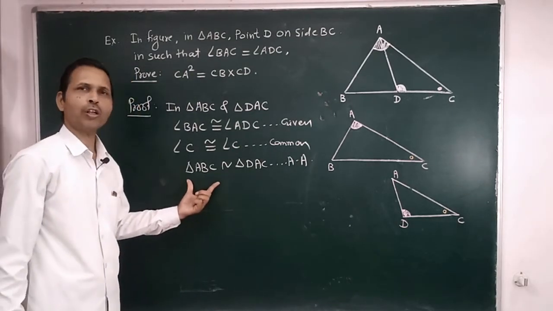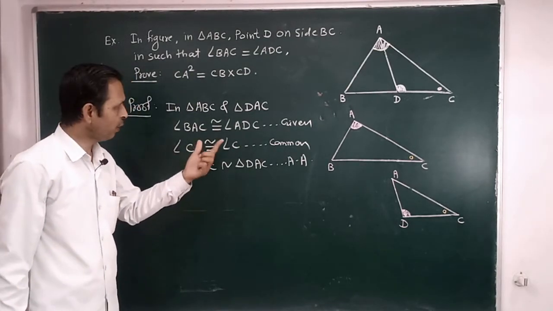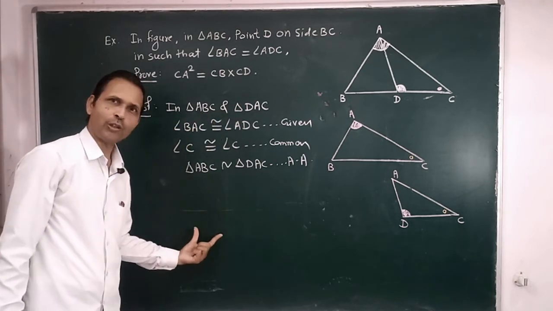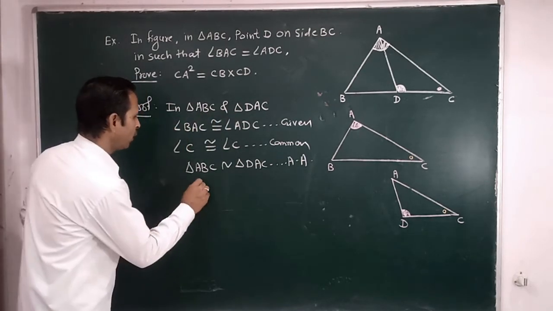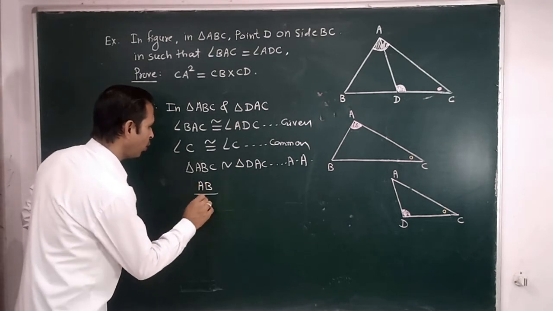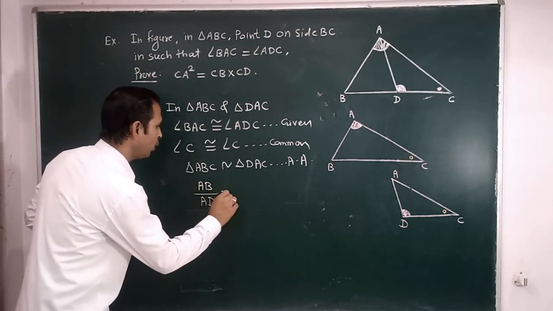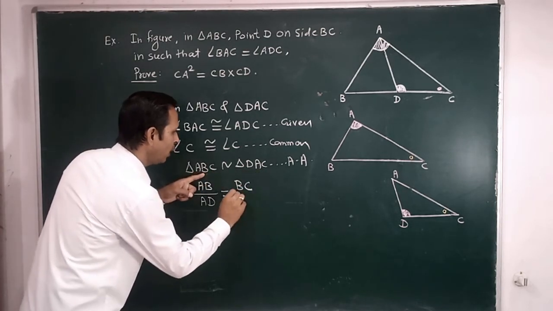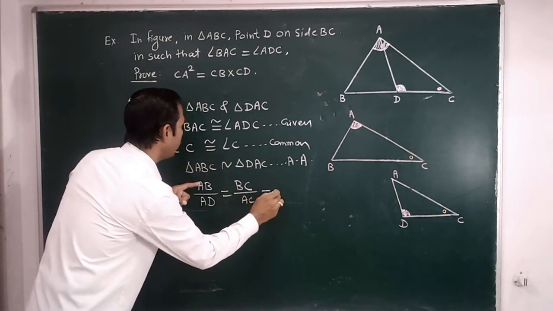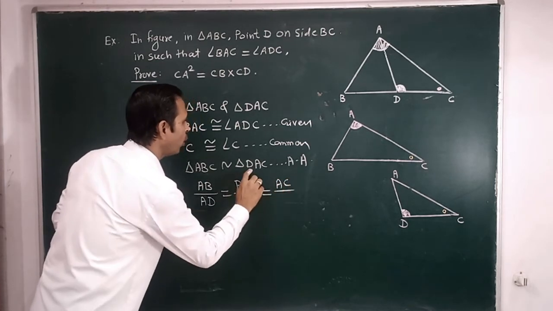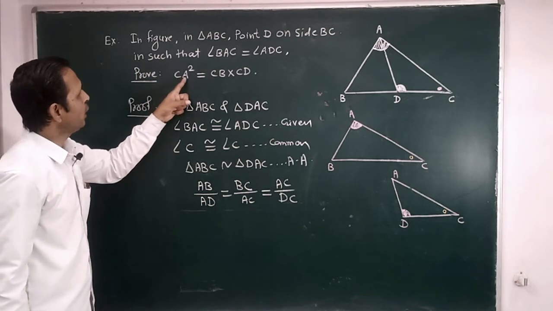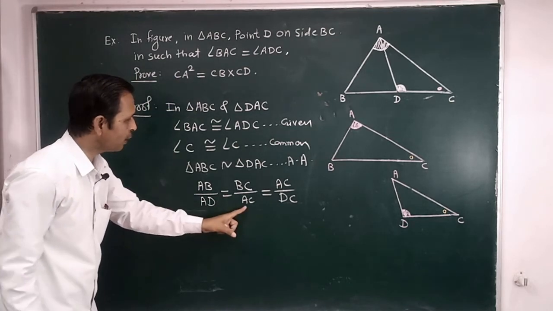Now write the proportion of the sides. When we write the names of the triangles with one-to-one correspondence, it is very easy to write the proportion of the sides. Then write here AB upon AD is equal to BC upon AC, is equal to AC upon DC. Now CA square means AC square.